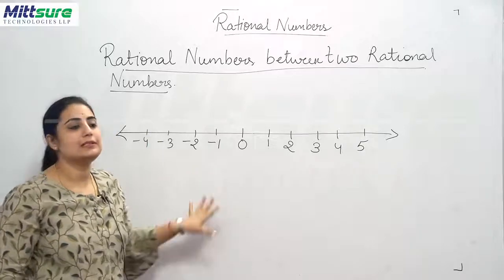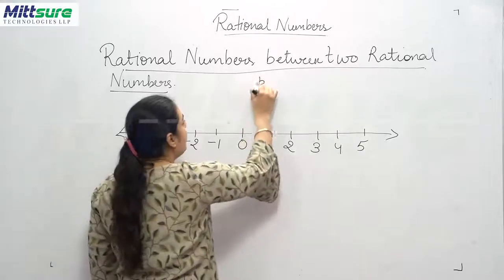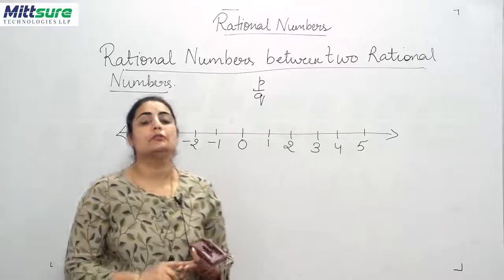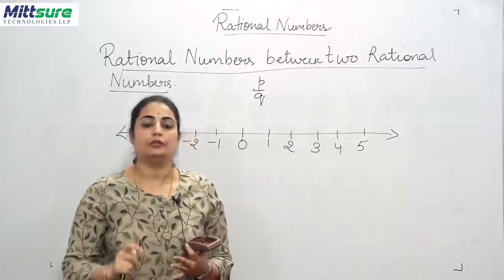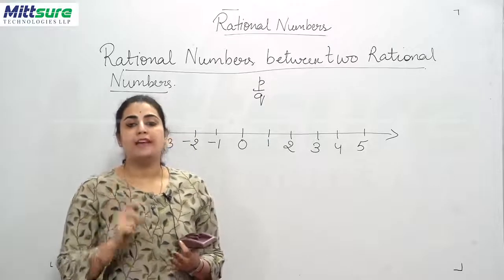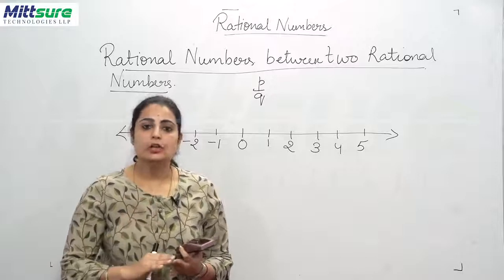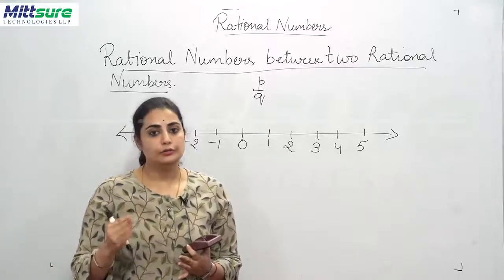Now, according to this placing of the integers, in the same way we do the placing of the rational numbers. But rational numbers are always in the form p upon q. We have already discussed that if you are asked to find the location or the point where a given rational number lies on the number line, how are you going to do that?